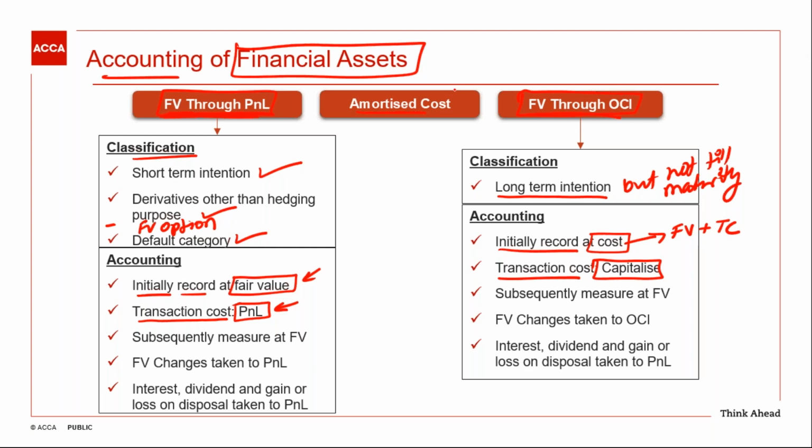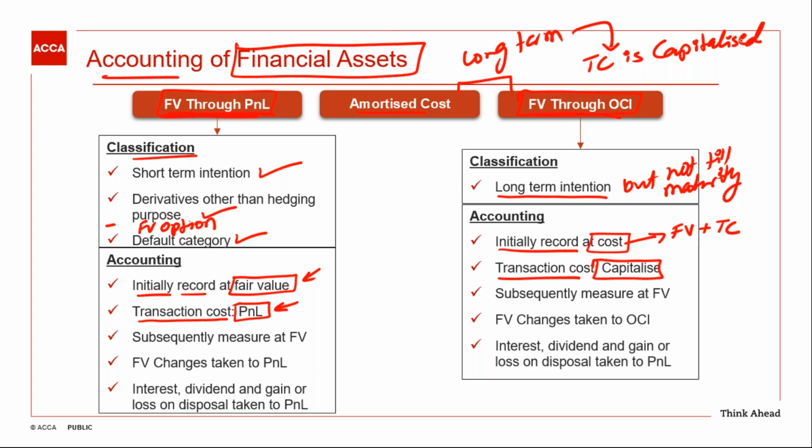So we can say that in all long-term categories, transaction cost is capitalized because it is going to provide us benefit for more than a year. In both the amortized cost and OCI categories, which are long-term categories, we capitalize the transaction cost because we are going to gain benefit from it for more than a year.